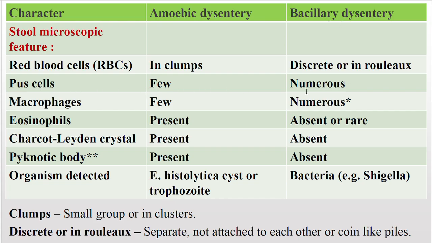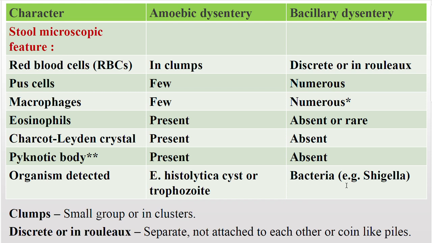Macrophages are few in amoebic dysentery and numerous in bacillary dysentery. Eosinophils are present in amoebic dysentery and absent or rare in bacillary dysentery. Charcot-Leyden crystals are present in amoebic dysentery and absent in bacillary dysentery. Pyknotic bodies are present in amoebic dysentery and absent in bacillary dysentery. Organism detected: E. histolytica cyst or trophozoite in amoebic dysentery and bacteria, for example Shigella, in bacillary dysentery.